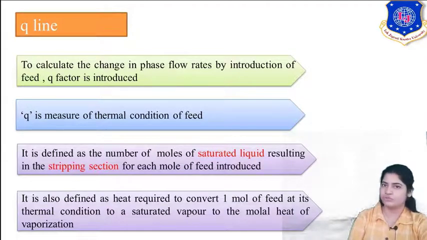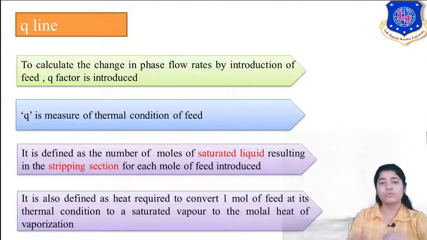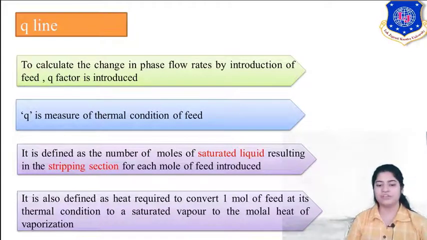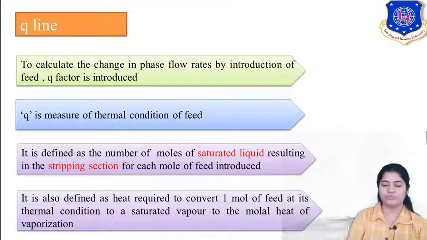Cold liquid, saturated vapor, whatever the thermal condition your feed has. Mole of feed at its own thermal condition, we have to convert it into what? To saturated vapor. So the energy required to convert your feed into saturated vapor upon the molar heat of vaporization, that is again your Q factor.